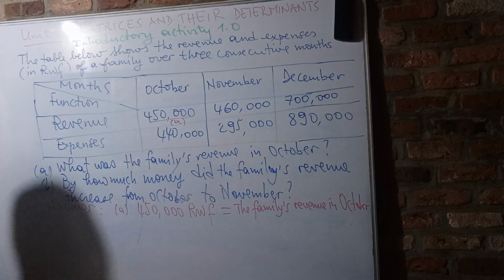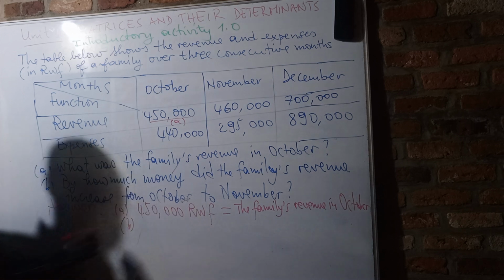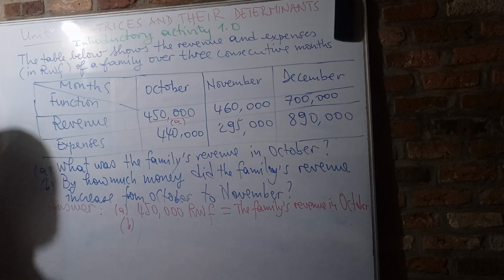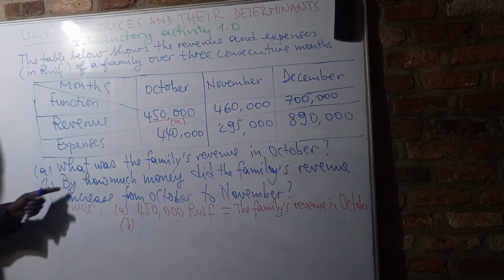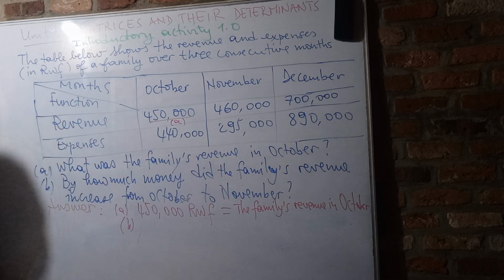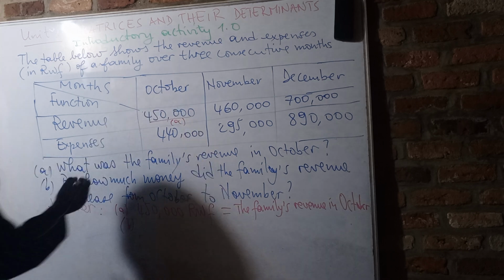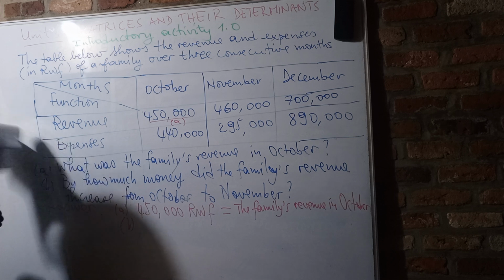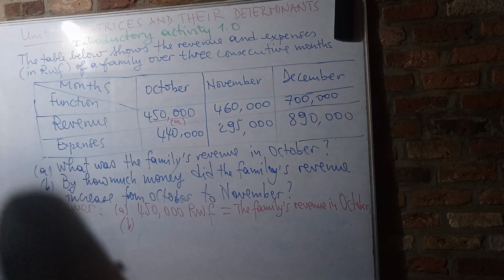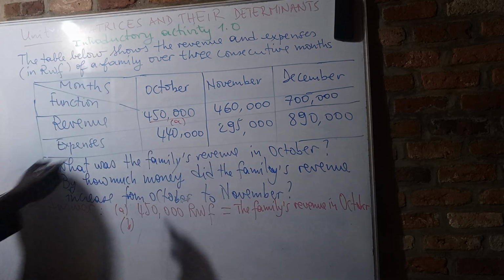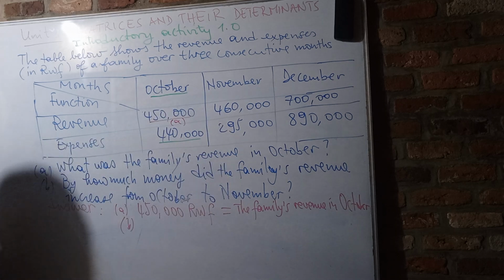Okay, now let's move to question B. Here, as you can see, by how much money did the family's revenue increase from October to November? Okay, let me just use another marker pen. Okay, using this green. So October, I have this amount.